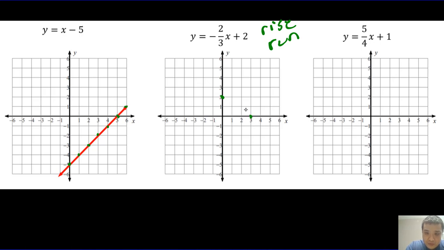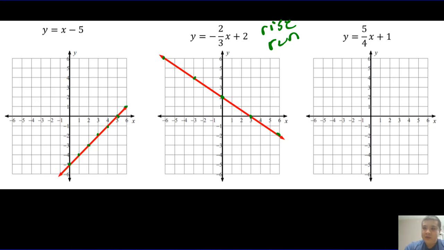Down 2 over 3. That's what this means. And then over here, you can do it again, down 2 over 3. And if we do that, we get a line that looks like that. And notice that we can even go backwards. So we can go back 3, up 2. Back 3, up 2. We can also do that to graph more points on this line.